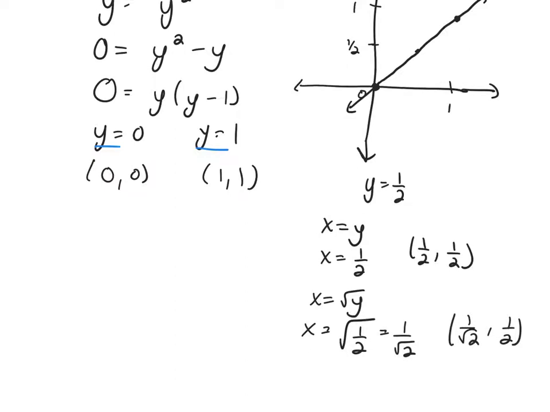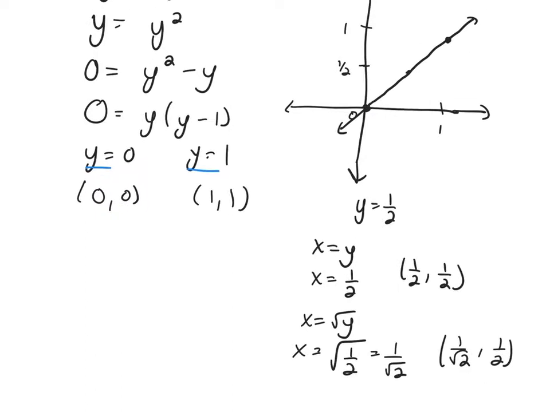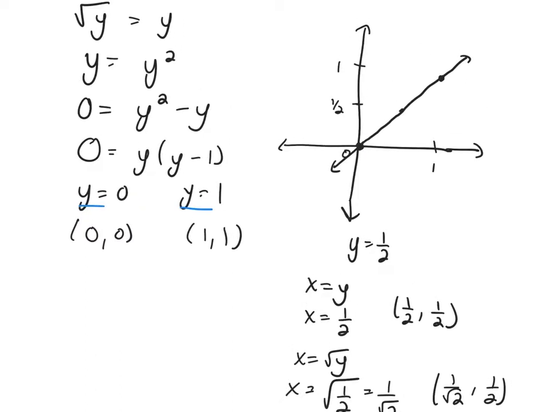One over square root of 2 is bigger than 1/2. So our x coordinate is a little bit bigger, but with the same y coordinate. Okay, so here's our region.